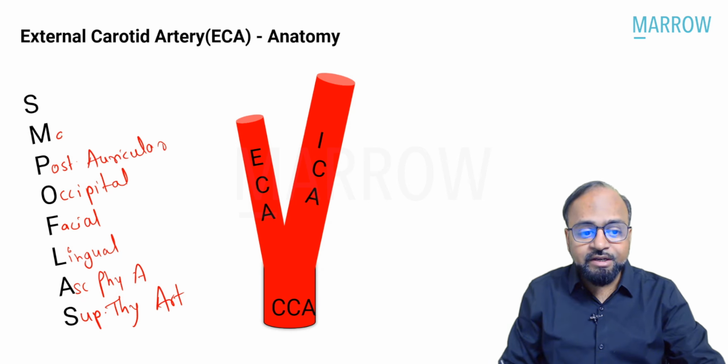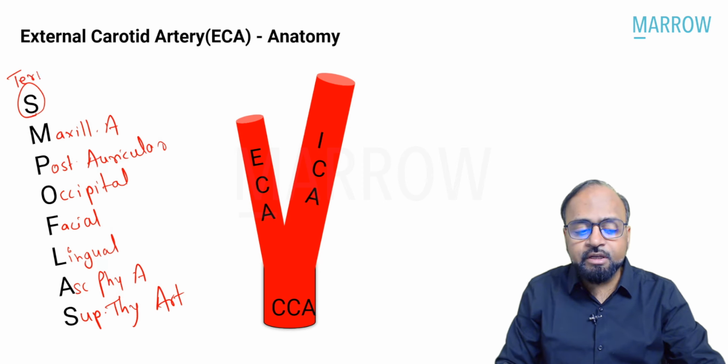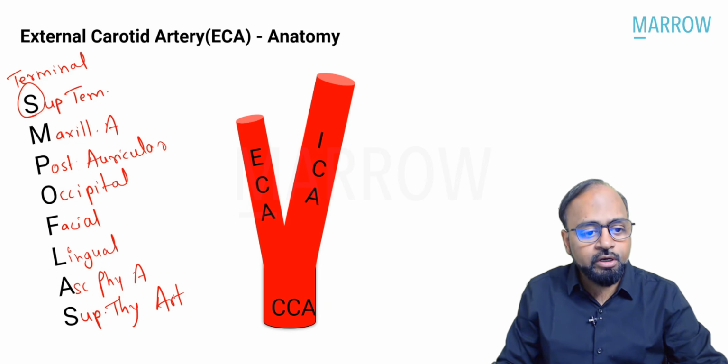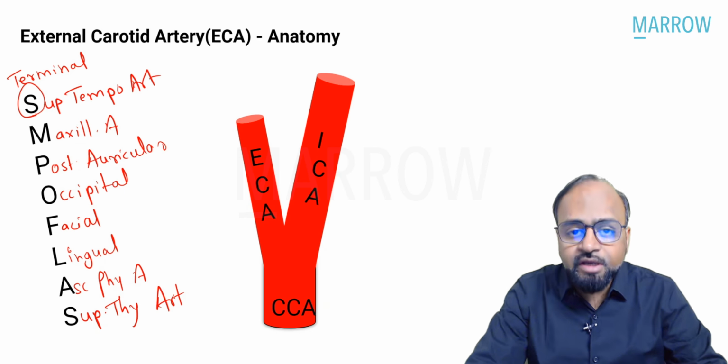Then the maxillary artery, a very important branch, and the terminal branch. What is this? This is the terminal branch of the external carotid artery, which is how the external carotid artery continues. It is the superficial temporal artery. So these are the branches of the external carotid artery.